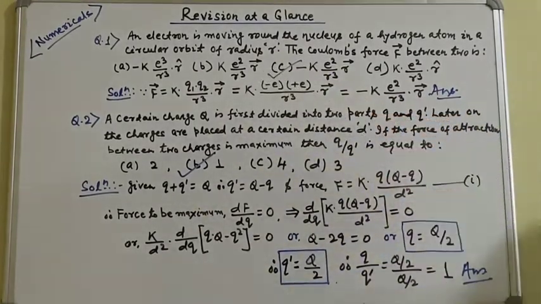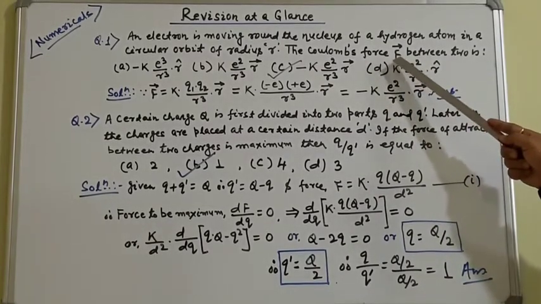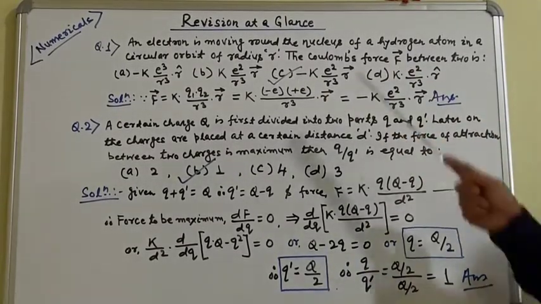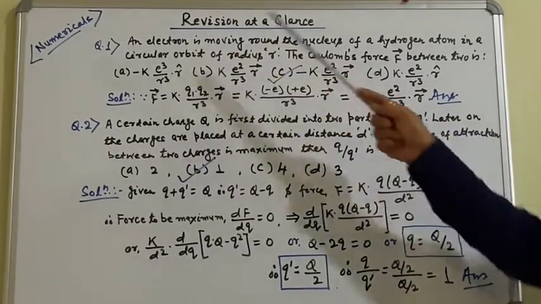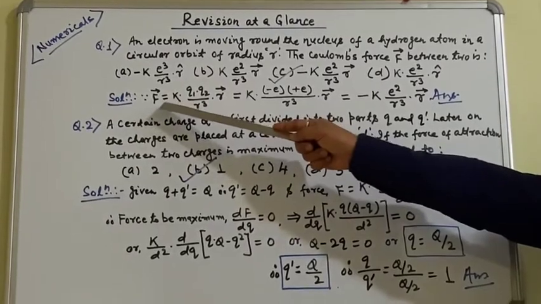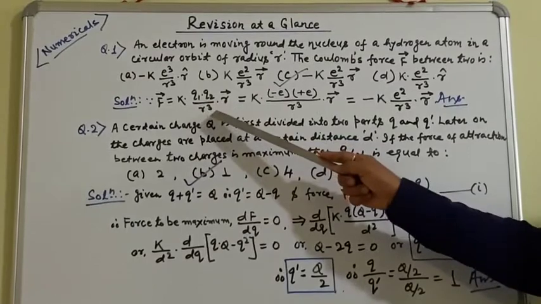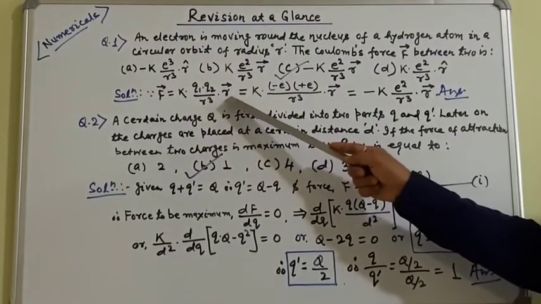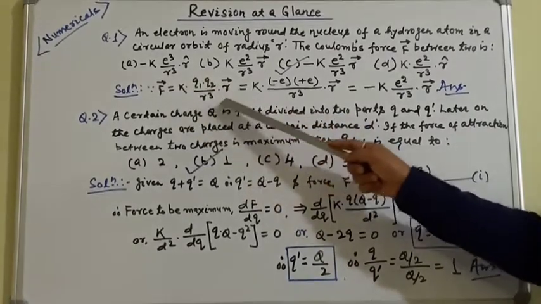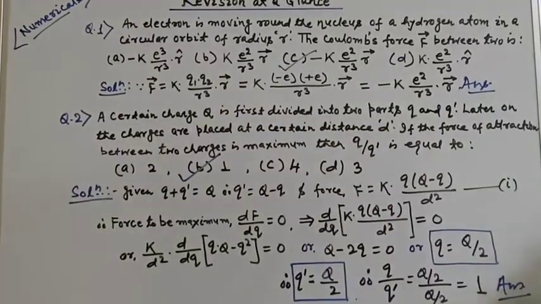How will we find this out? Look over here, Coulomb force F is written in vector form. So in vector form we have to find the force between the electron and the nucleus of the hydrogen atom. Write directly the formula of force in vector form here. We know that F is equal to K Q1 Q2 by r cube times the vector r. This is the final formula, already we have discussed earlier. Now in this formula, put the values.